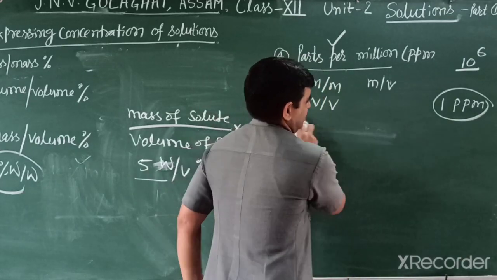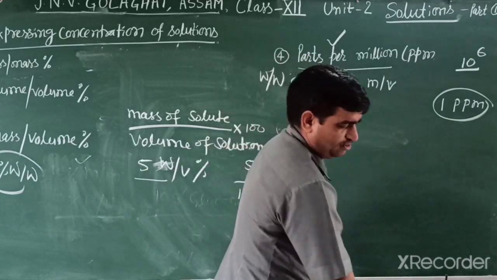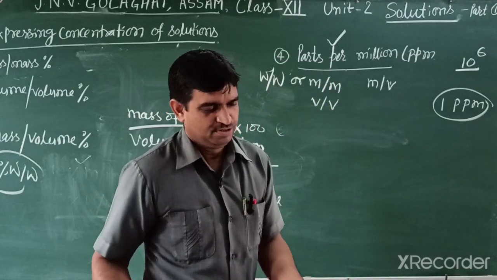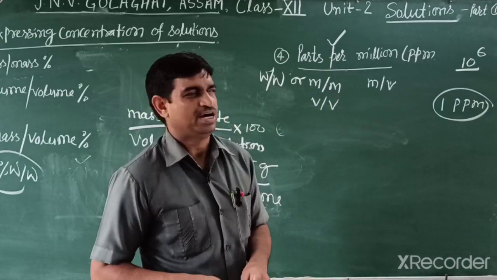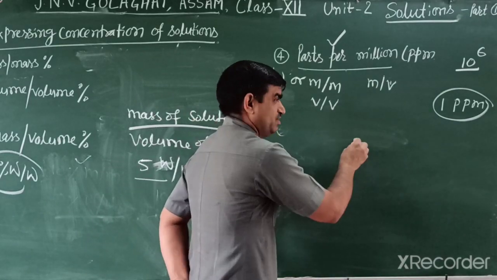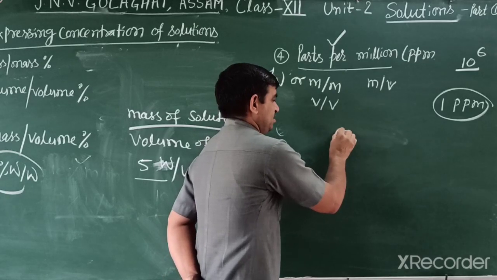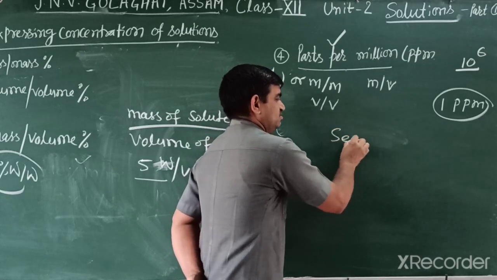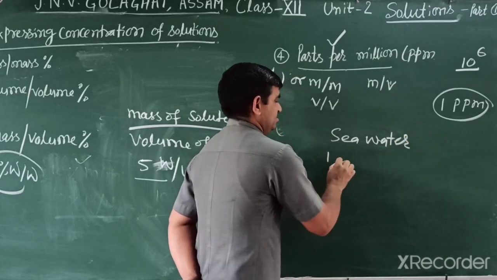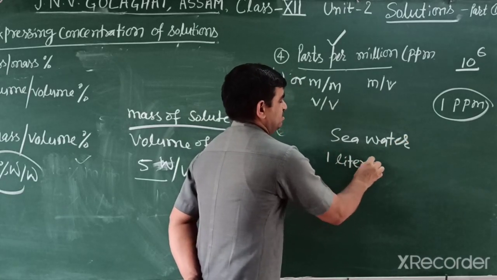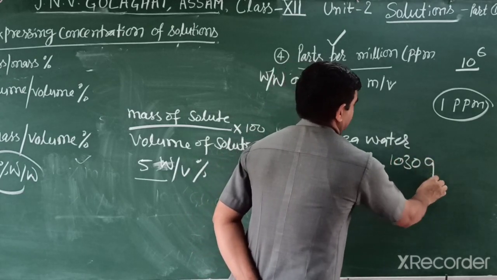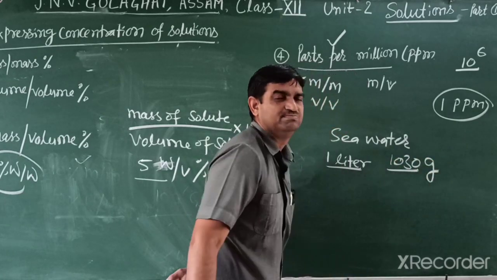So how can we find out parts per million? For example, dissolved oxygen in seawater. You know aquatic life survives by dissolved oxygen, and the amount of dissolved oxygen is very, very small. For example, 1 liter of seawater has a mass of almost 1030 gram.